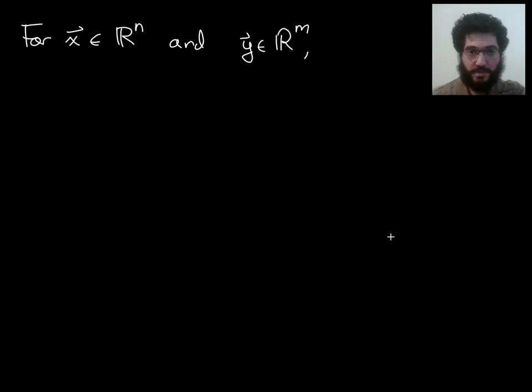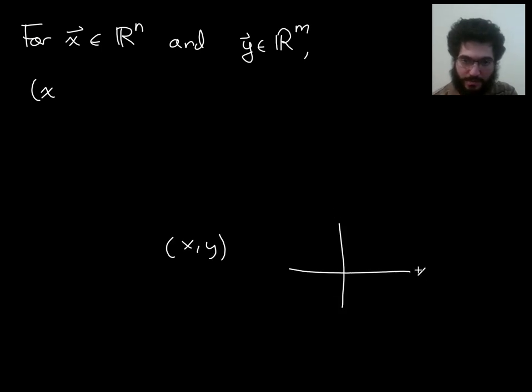Okay, so before we can really efficiently state things here, we need to introduce a bunch of notation. So the first bit of notation: if you have an n-tuple x and an m-tuple y, then you remember in the last video I kept talking about pairs (x, y) in the xy plane.